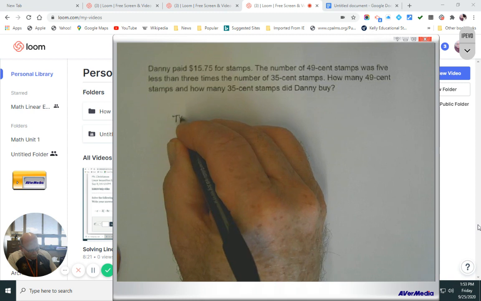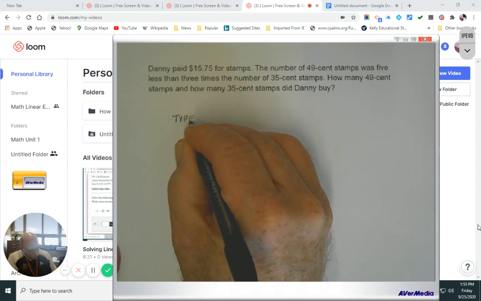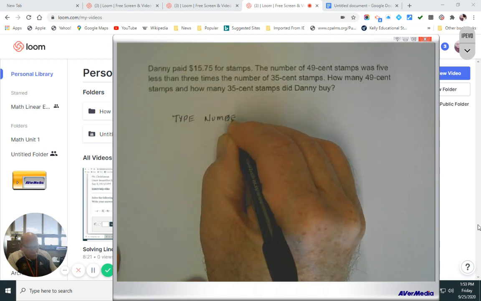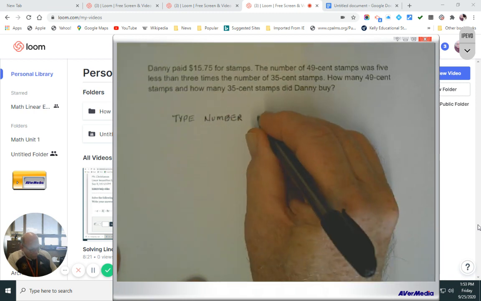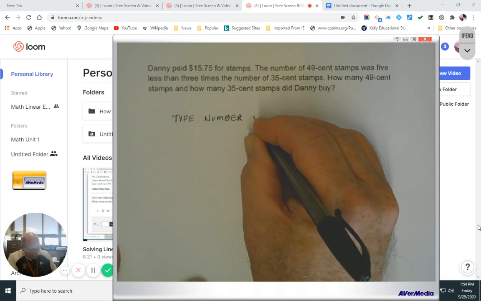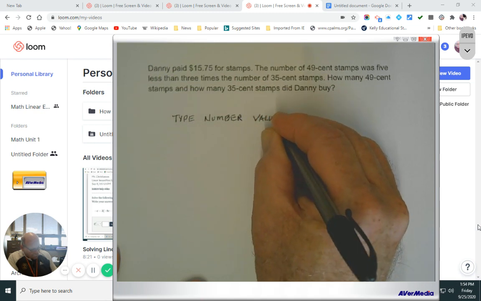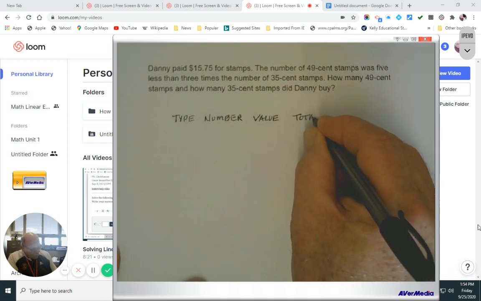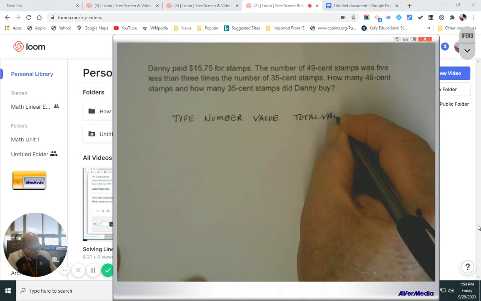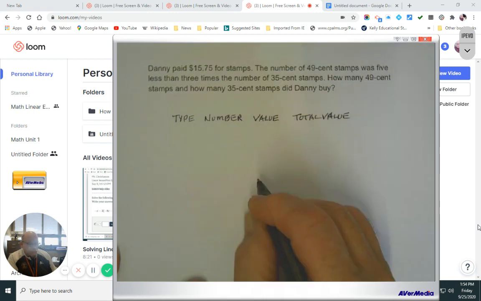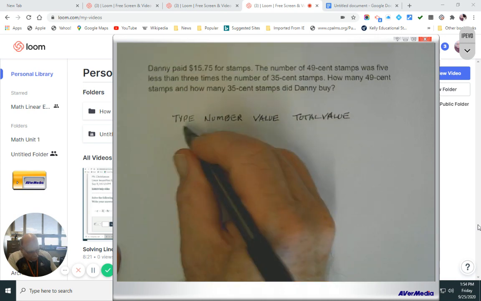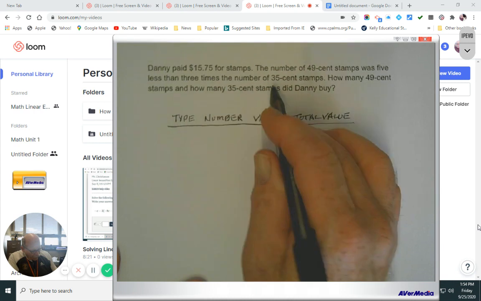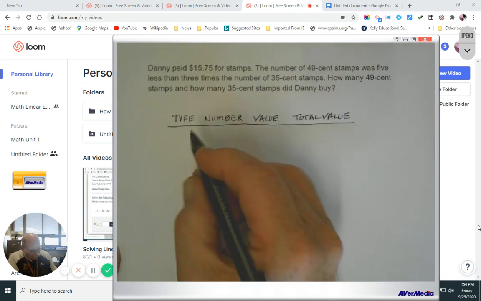So we have type, number, value, and then total value. All right, and then we make our table, remembering that we're looking for two different things: number of 35-cent stamps, number of 49-cent stamps.